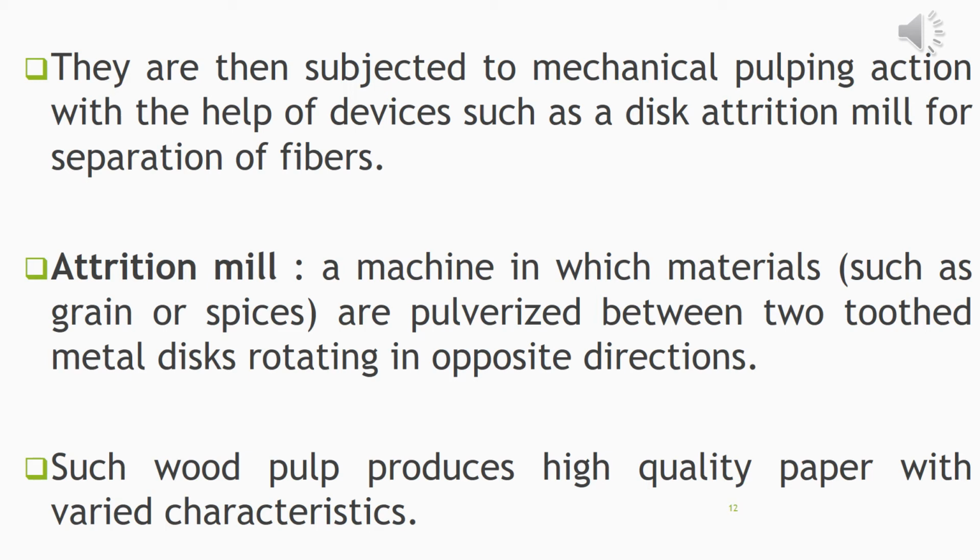Such wood pulp produces high quality paper with varied characteristics. The pulp made from the semi-chemical process is used to make high quality paper, and the characteristics of that paper are varied.